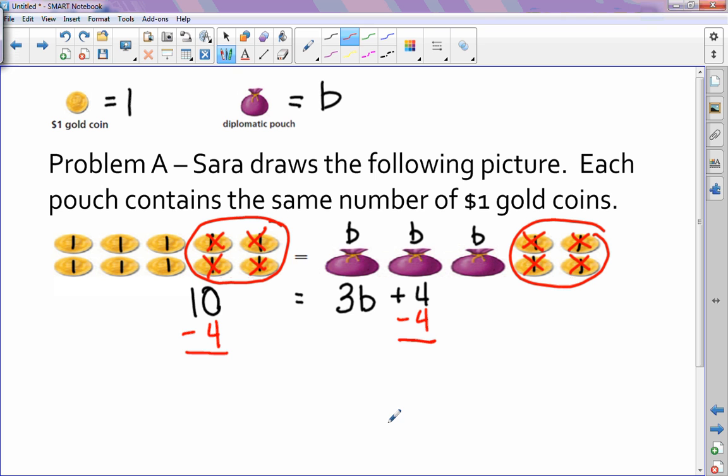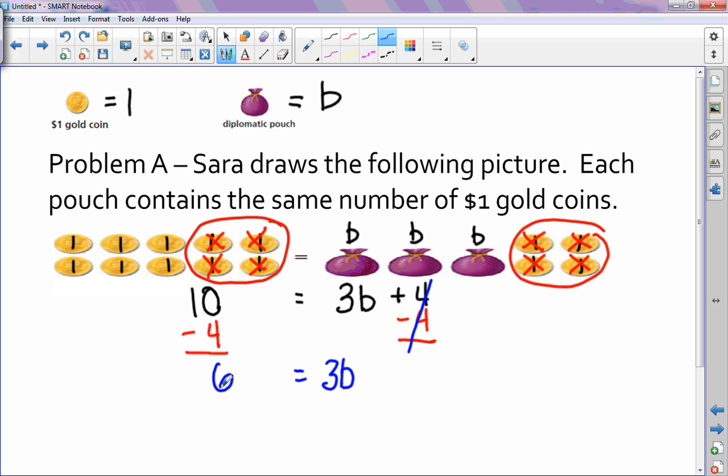So let's take a look on our right-hand side of the equation. Do I have any more coins on that side? Nope, they're all gone. So a plus 4, taking away 4, goes away. So all I am left with on this right-hand side here is my 3 bags. So I still have 3B. Over here, these 4 coins are gone, so I'm left with 1, 2, 3, 4, 5, 6. 10 minus 4 gives me 6 coins.